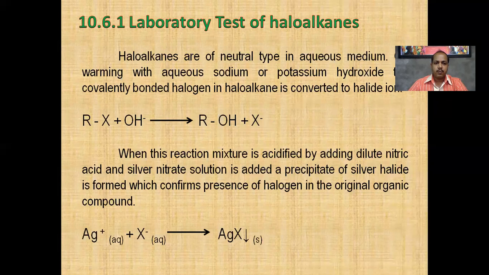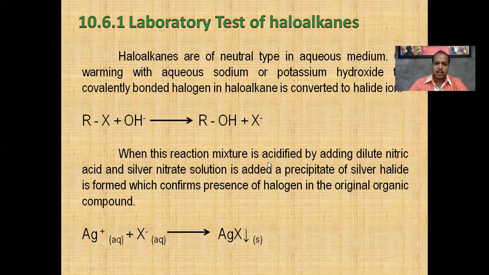When any alkyl halide is treated with aqueous sodium or potassium hydroxide, the covalently bonded halogen in haloalkane is converted into halide ion, that is X minus.